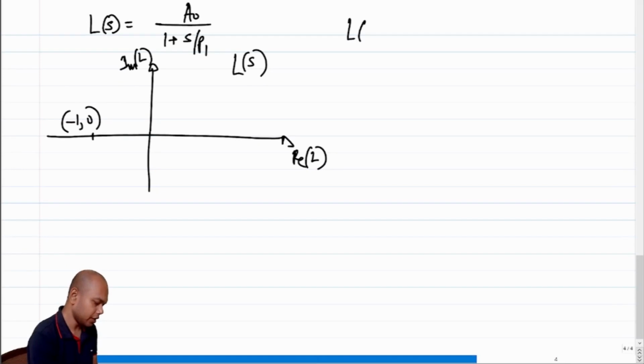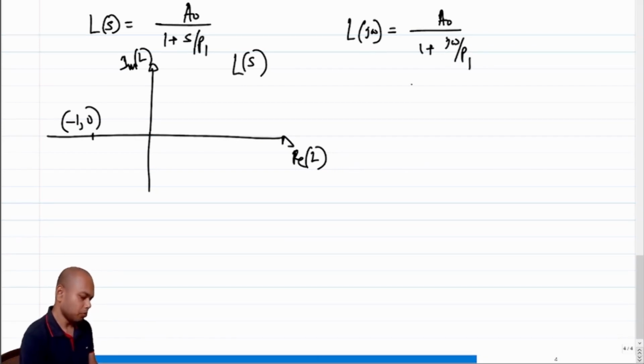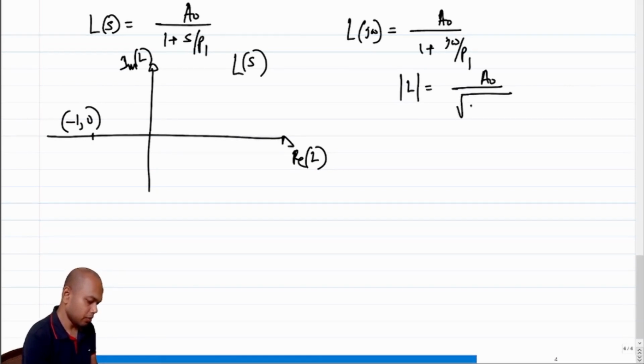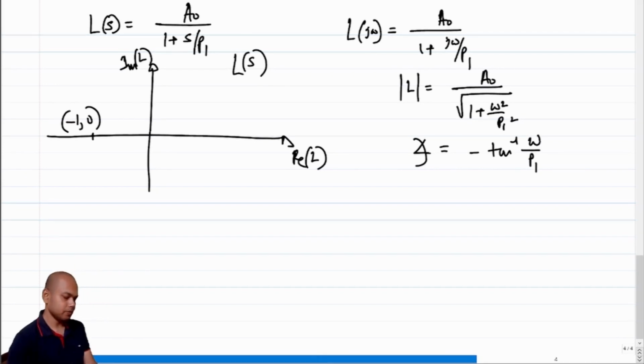So your L of j omega is equal to a naught by 1 plus j omega by p1, right? So mod of L is a naught by under root 1 plus omega square by p1 square, and angle of L is minus tan inverse omega by p1.